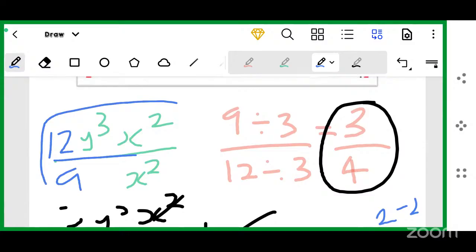Please try this one. Which one? The one I circled there. So you're trying 12y to the power of 3, x to the power of 2, all over 9x to the power of 2.